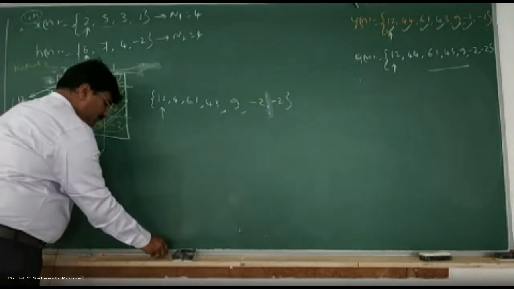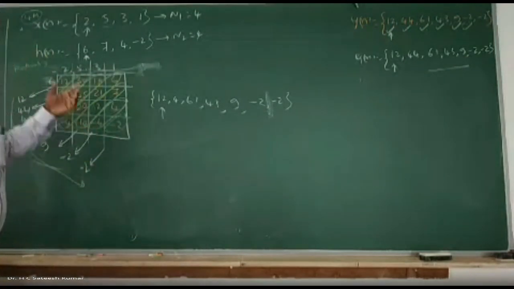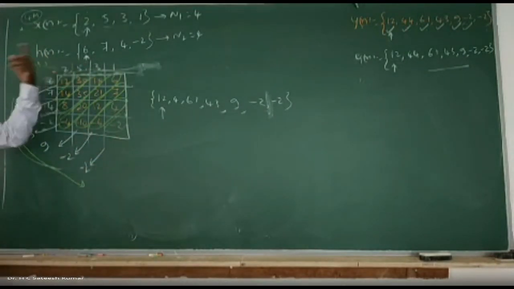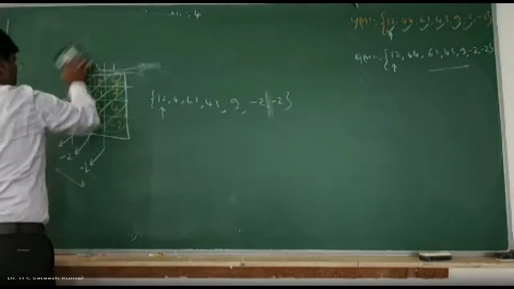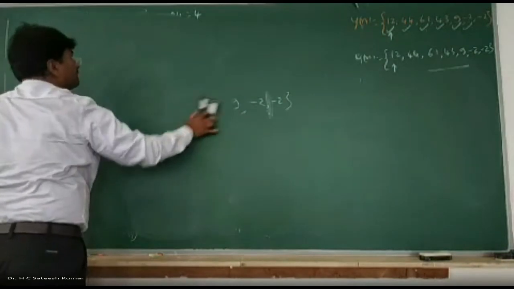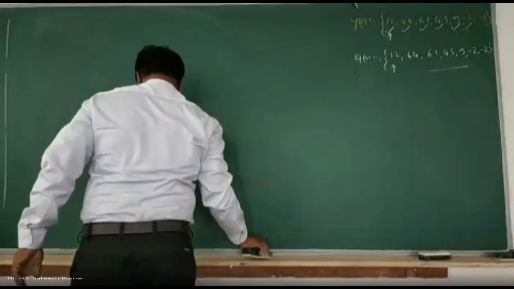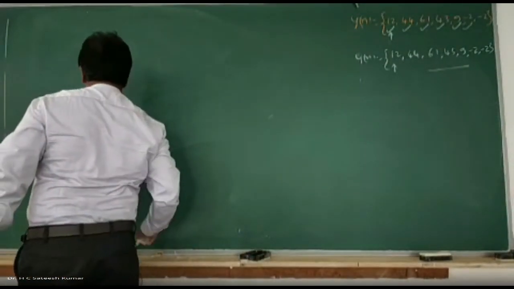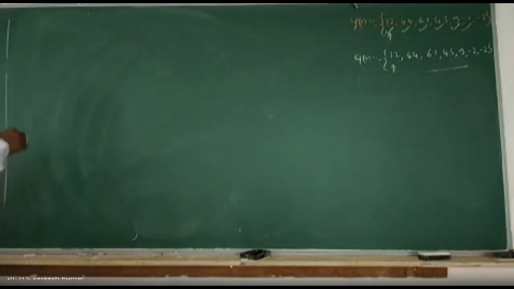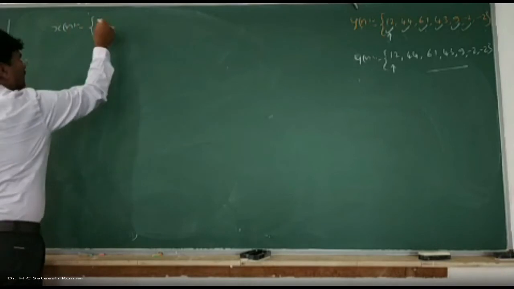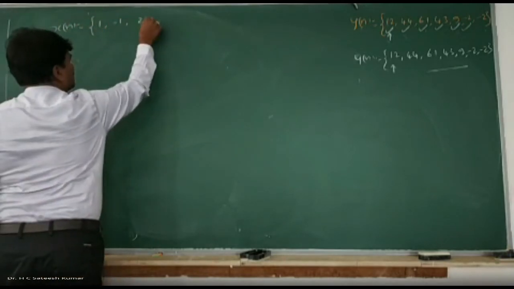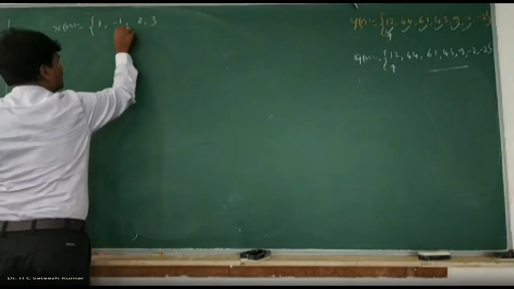And next, this kind of problem. If the arrow marks of both of them are at the same place, it is fine. But if at some other place, how will you do it? Okay, let's go for that problem. Take one more problem which was asked in the examination. Very simple one he has asked. So this kind of problems, 4 marks they'll ask. Let us say x of n is equal to 1 comma minus 1 comma 2 comma 3, arrow mark somewhere here.